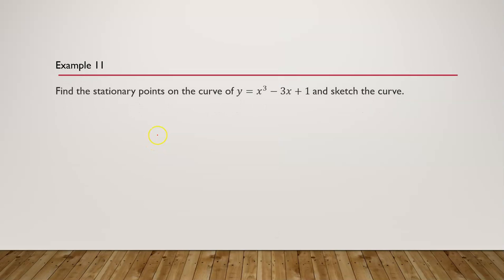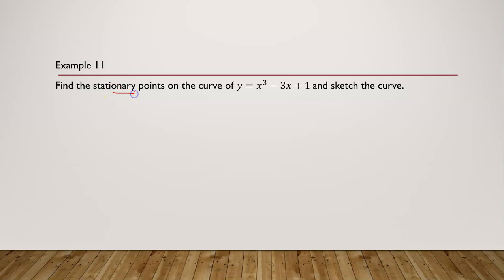Example number 11, find the stationary point and sketch the curve. When you find the stationary point, you have to find dy over dx equals 0. When we want to sketch the curve, we have to consider points that intercept the x-axis, where x we don't know but we know y is 0.